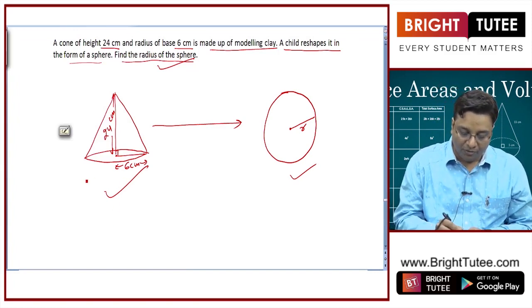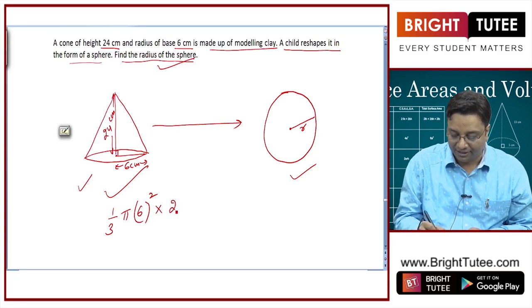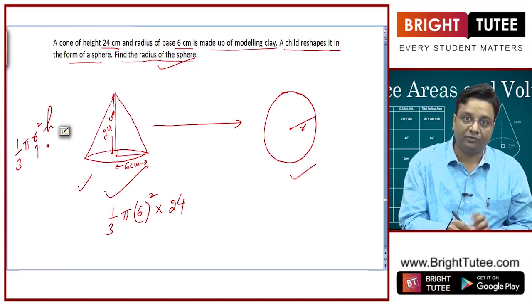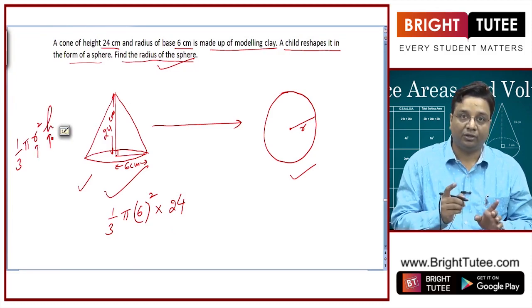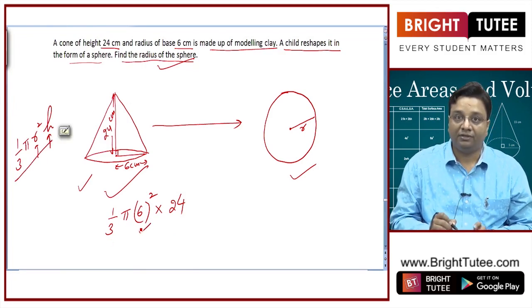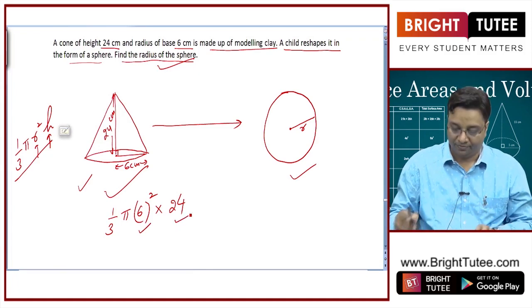So, the volume of this cone is 1 by 3 pi radius squared into height. You remember, 1 by 3 pi r squared h, where r is the radius of the cone and h is the height of the cone. I have used 1 by 3 pi radius squared, which is 6 squared, into height, which is 24.